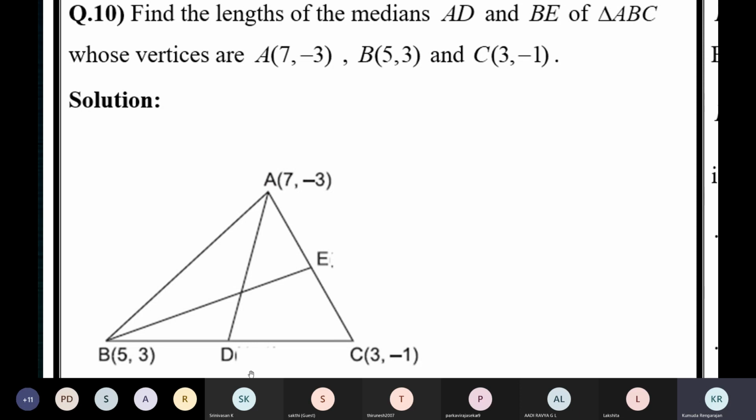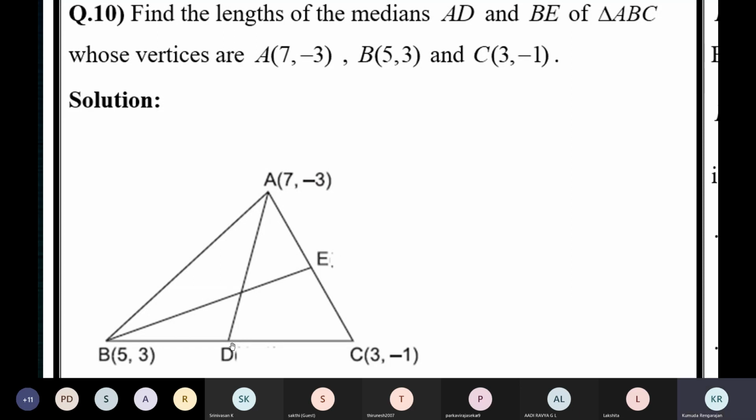Similarly, use the midpoint formula to find the coordinates of E. D is the midpoint of BC, so (5 plus 3) by 2, comma, (3 minus 1) by 2 gives the coordinates of D. For E, the midpoint of AC, add the x coordinates of A and C: (7 plus 3) by 2, comma, (minus 3 minus 1) by 2.